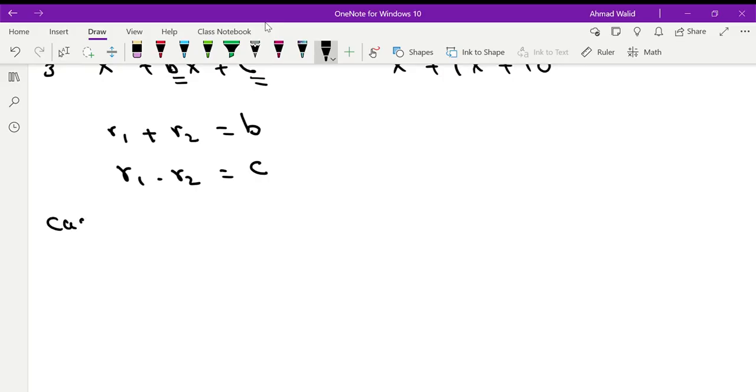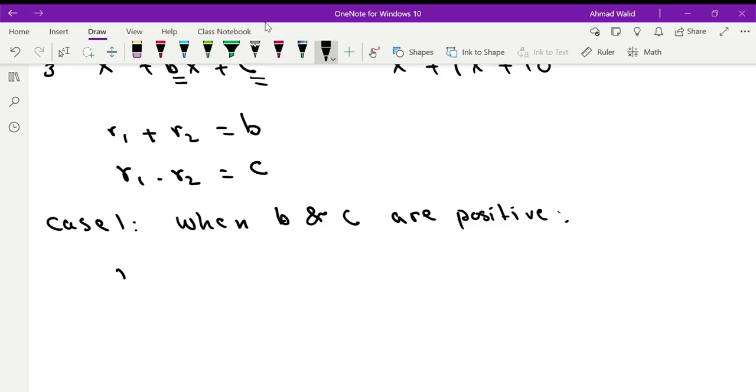Case number 1. When B and C are positive. If B and C are positive, always choose R1 and R2, both positive.